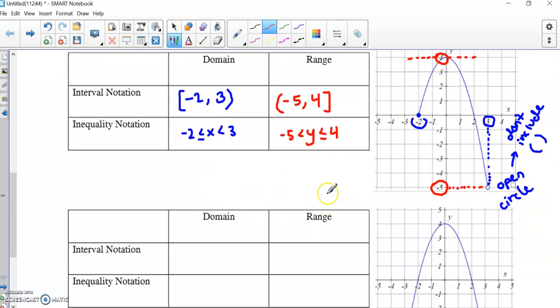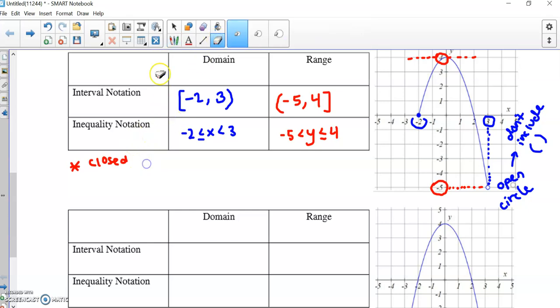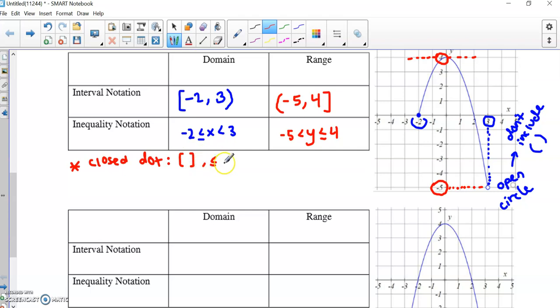The only new thing, and I would take note of this in your notes, and if you get confused, ask me on Zoom: if we have a closed circle or a closed dot, then we use our brackets and we use these guys.